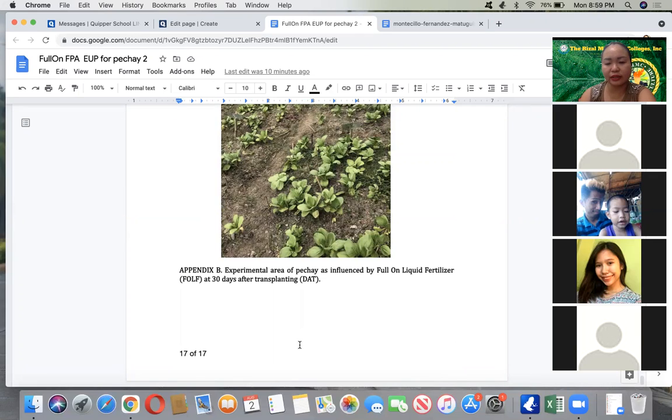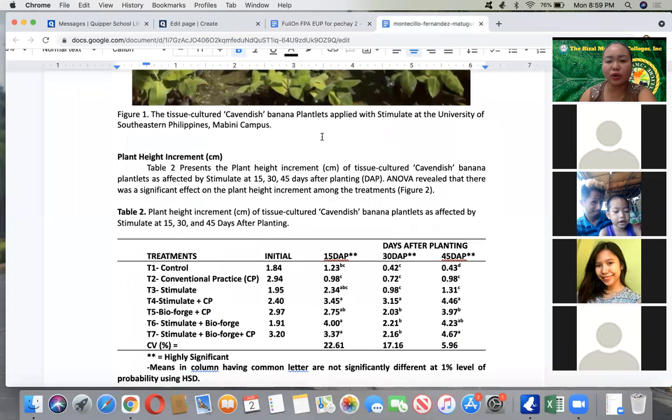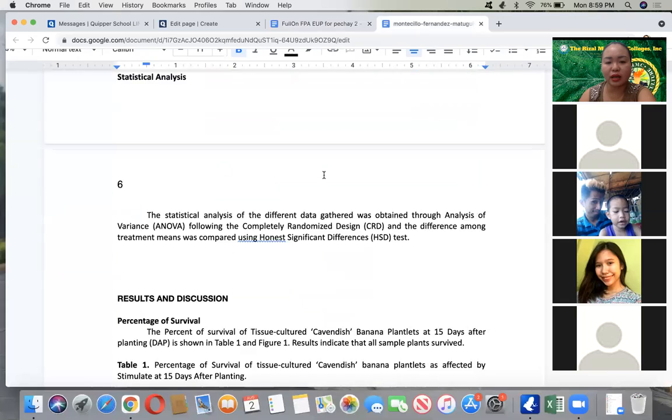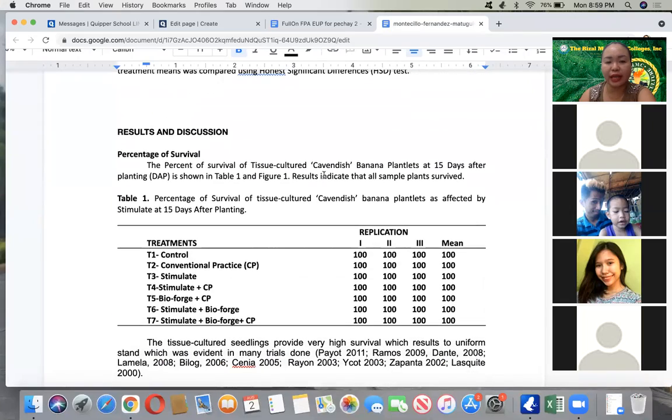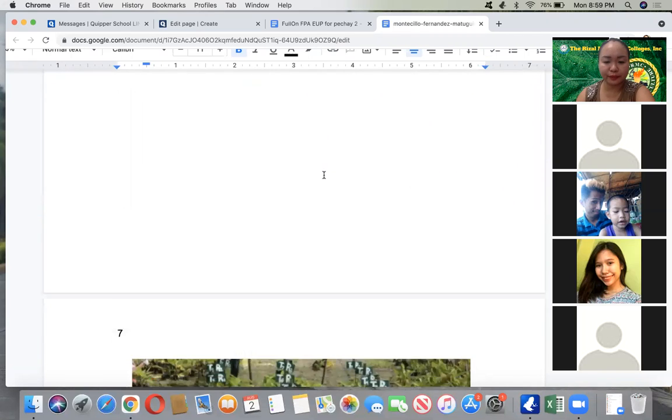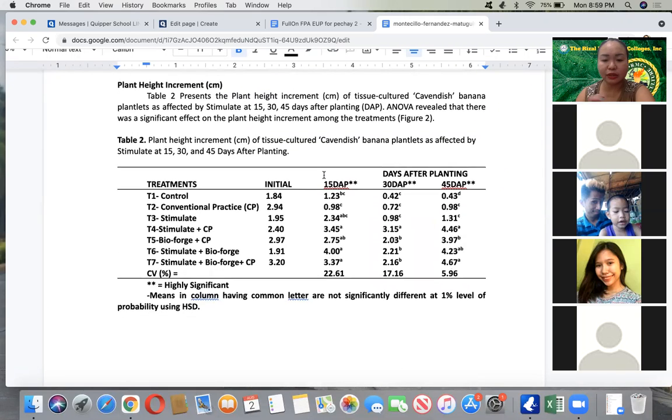But when you go to the normal journal or manuscript type of results, you know already, just ask again what it means. Here we put the initial just to see the difference in increment, because we compute the increment, meaning how much it increased from initial.